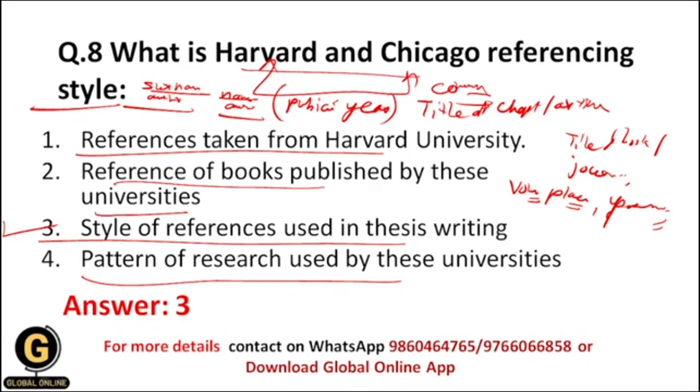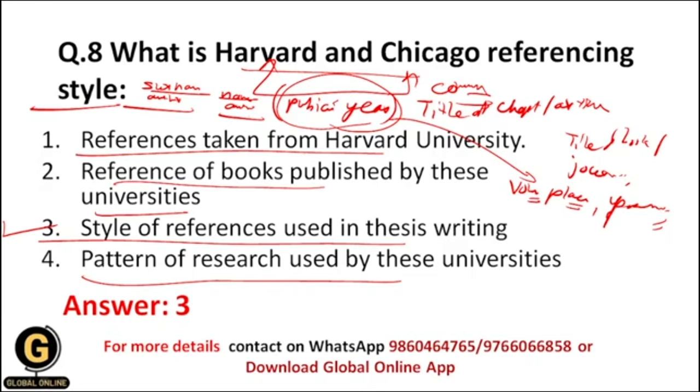There is only one difference: in the previous example we have seen that there was no publication year over here. Basically, at that reference, the publication year was at the end, but in the Harvard and Chicago referencing style, after the surname and author name, you write the publication year in brackets, and after that you write the title of chapter or article and then subsequent other things.